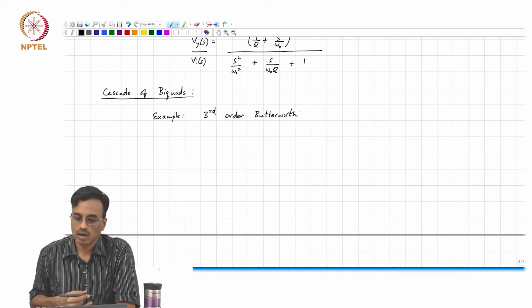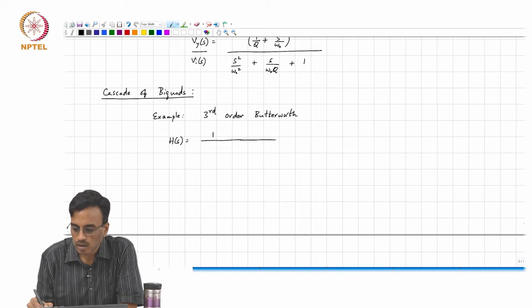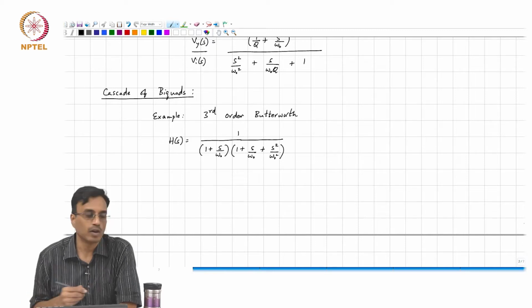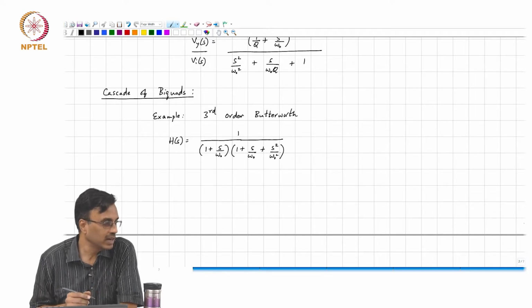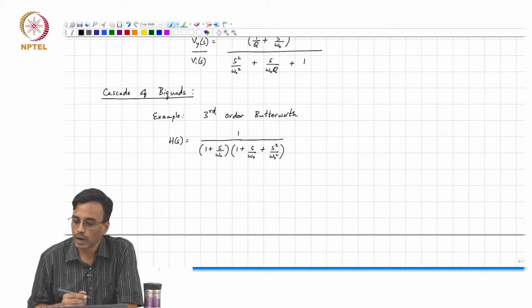And how does the transfer function look? H of s is nothing but 1 over 1 plus s over omega naught times, as we discussed in class the other day, 1 plus s over omega naught plus s square by omega naught square. This is a third order Butterworth filter with a 3 dB bandwidth given by omega naught.